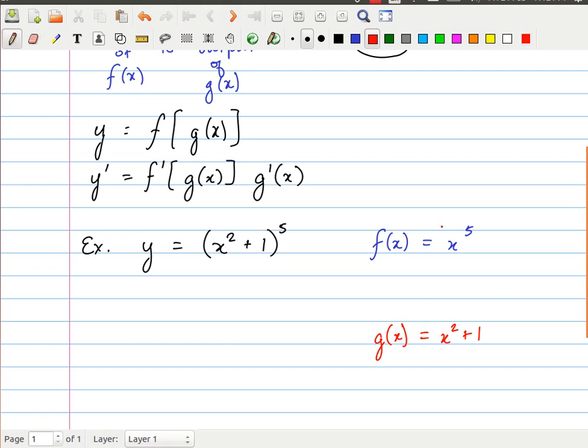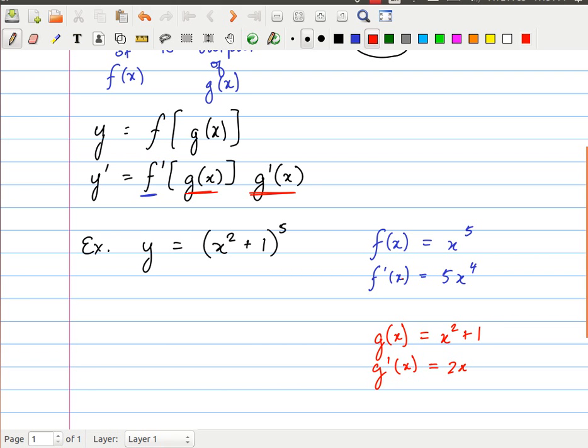And the chain rule lets us actually deal with these separately. So I'm going to need a g prime of x, and I'm also going to need an f prime. So if this is f of x, then f prime of x is equal to 5x to the power 4. If I take the derivative of g of x, g prime of x is equal to simply 2x.